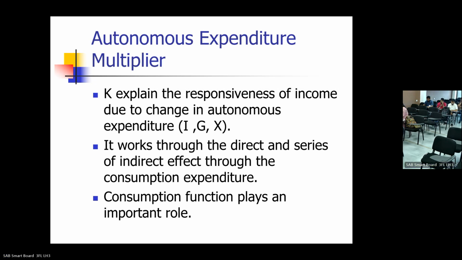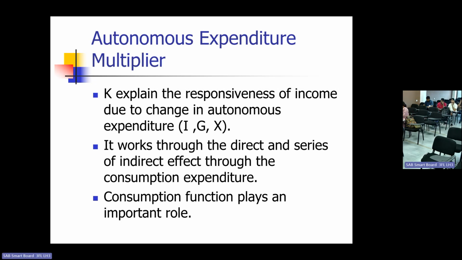So Y equals, with consumption taking C0 plus C1 YD, and investment I bar, government expenditure G bar, plus exports X bar minus imports M0 plus MY. That is the way we substitute our variables into our model.